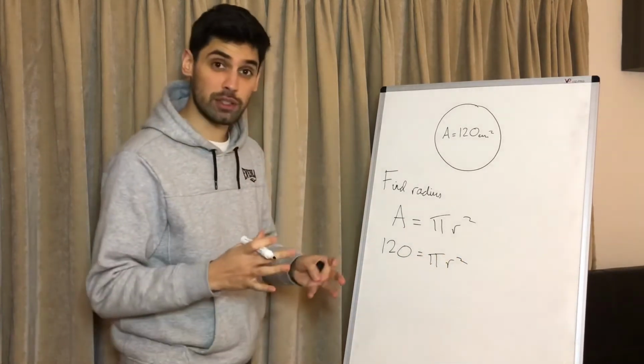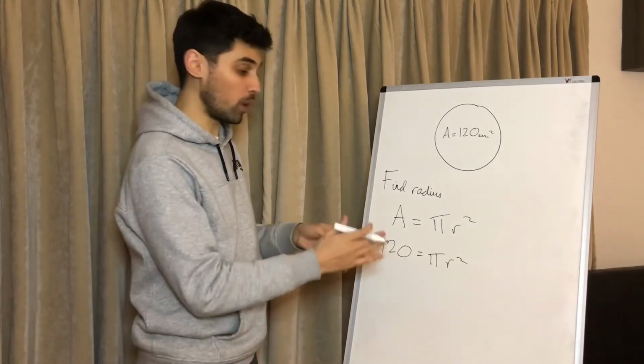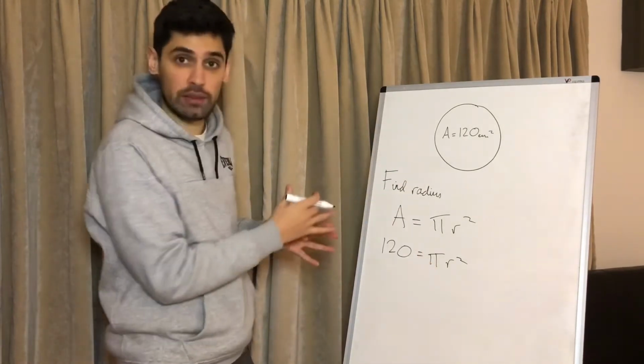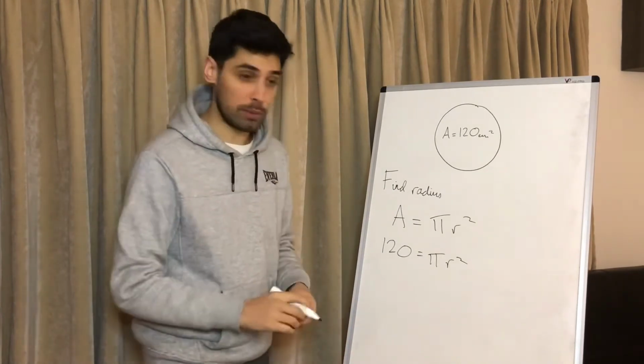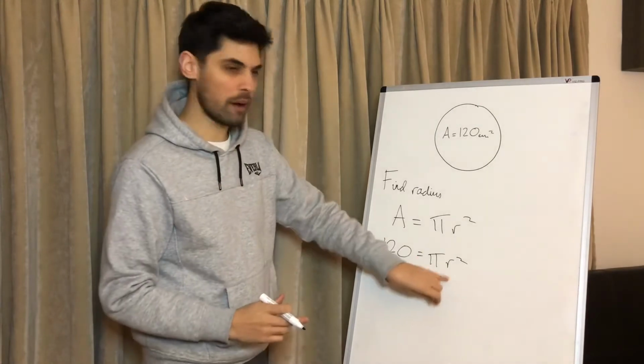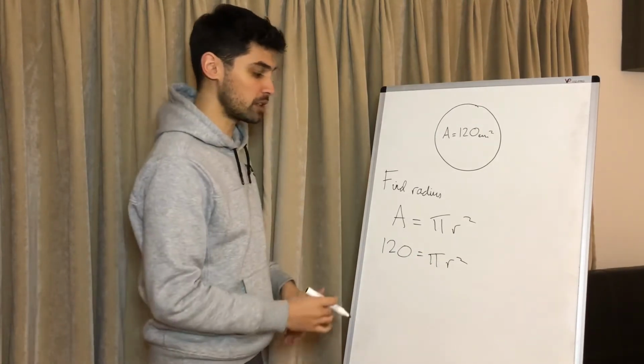And now it's just a case of some algebraic manipulation, getting the r by itself, so moving what is connected to the r to the other side of the equals. The first thing we want to move is the pi, because the squared is very closely attached to the r right now, so we want to keep that till later. We move the pi first by dividing.